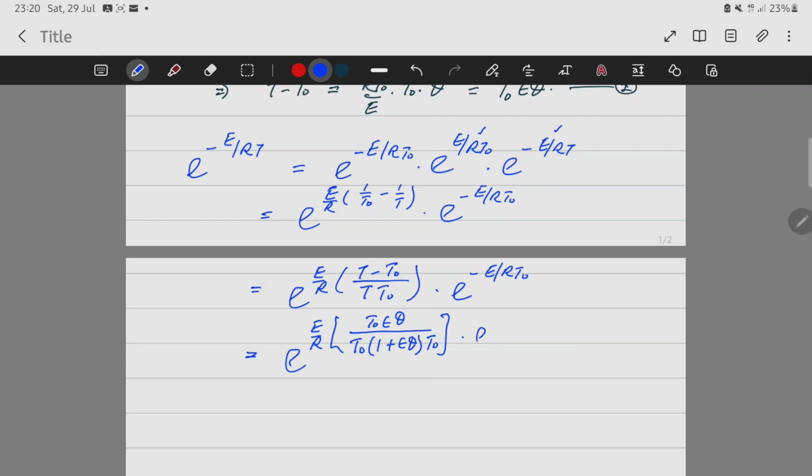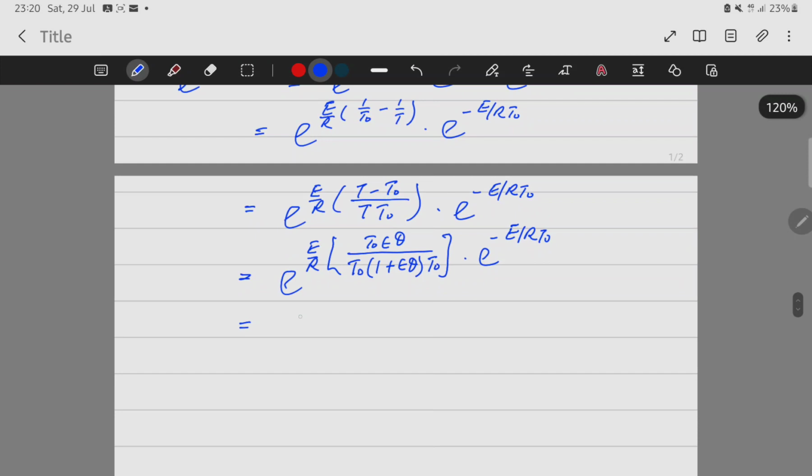Close the bracket, dot e raised to power minus E over RT naught. This T naught and this T naught will cancel, so this one is taken out here. So you have e raised to power E over R T naught into epsilon theta divided by 1 plus epsilon theta.